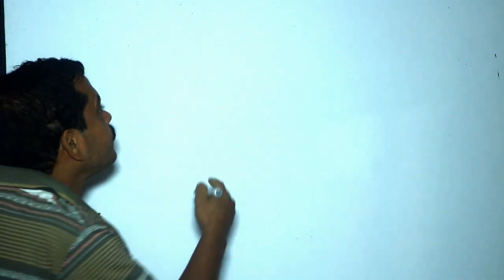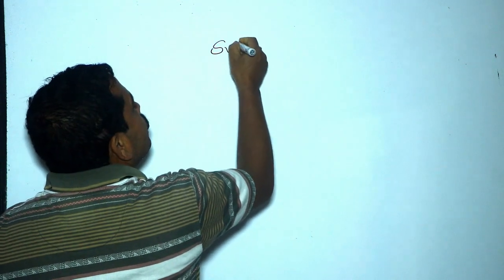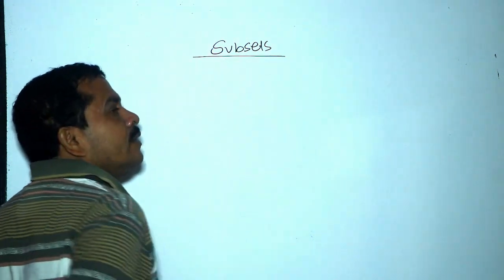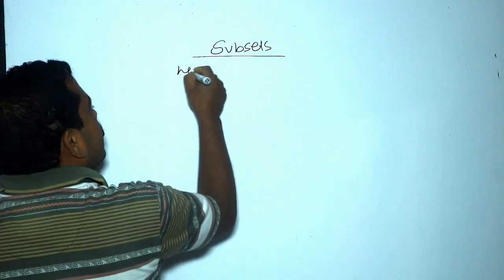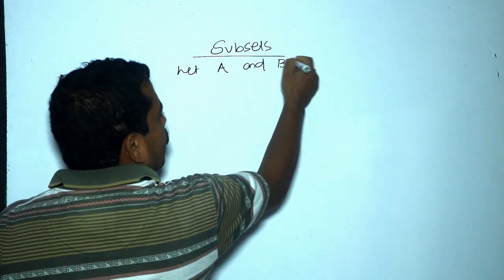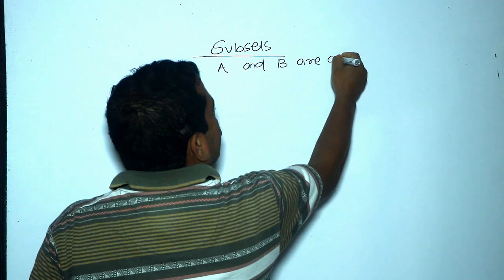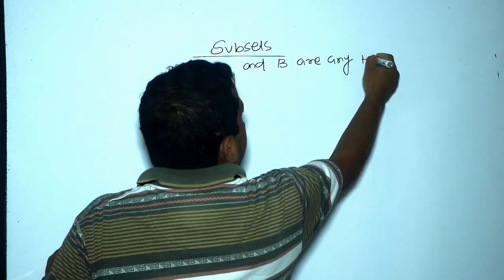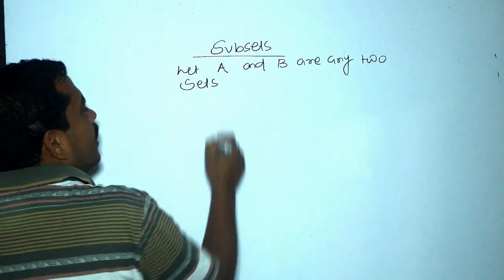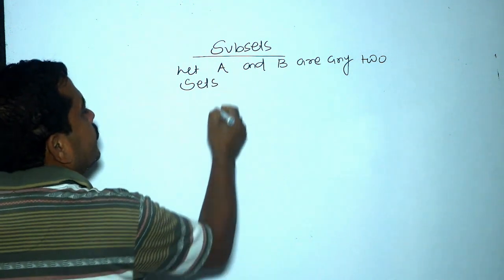Next, subsets. Let A and B be any two sets.